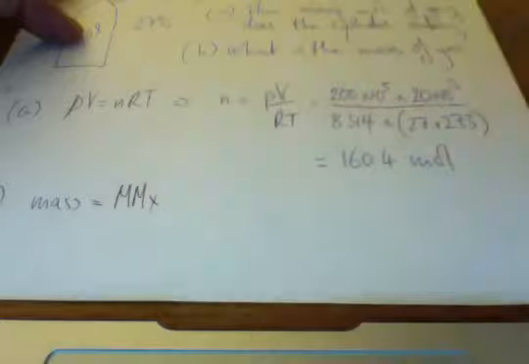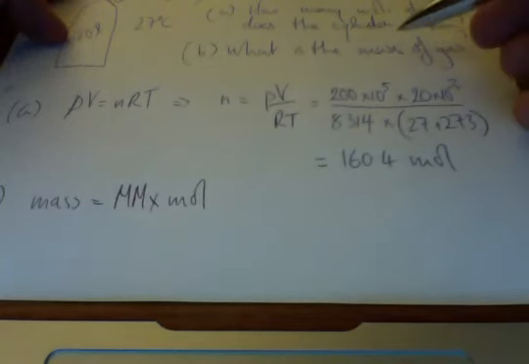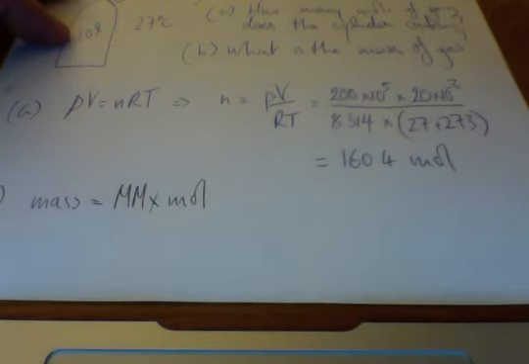Okay, what about the mass of gas? Once again, the mass is going to be the molecular mass multiplied by the number of moles. Once again, I forgot to tell you the molecular mass of the gas. However, if it's breathing, then the majority of it is going to be nitrogen, 70% of it. So let's imagine that it is nitrogen.